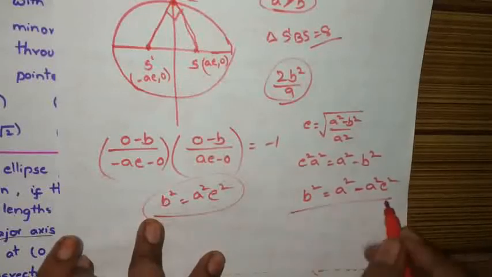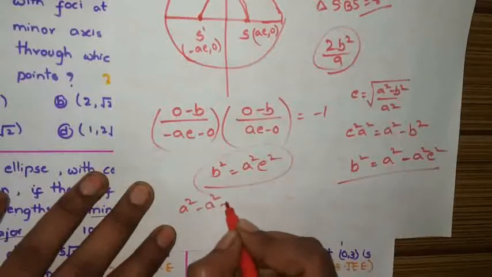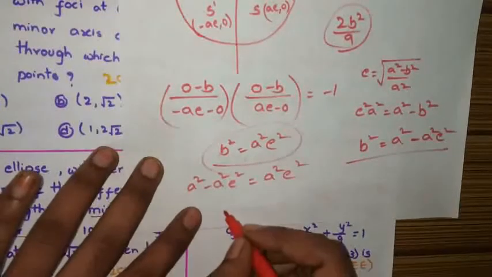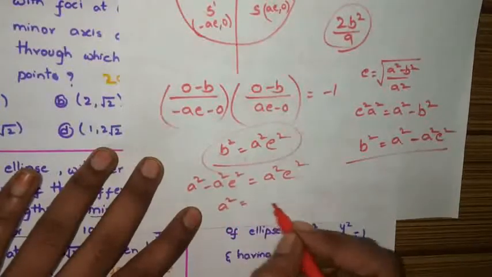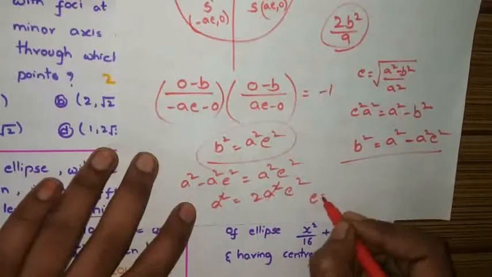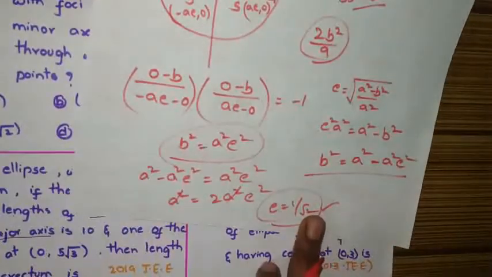So put that value here, you will get the eccentricity value. Then you will get a square is equal to 2a square e square. E value you will get 1 by root 2. Okay, this one we got: e is equal to 1 by root 2.